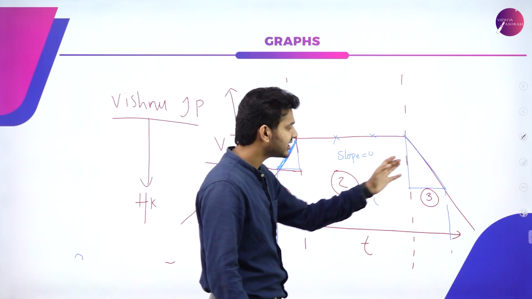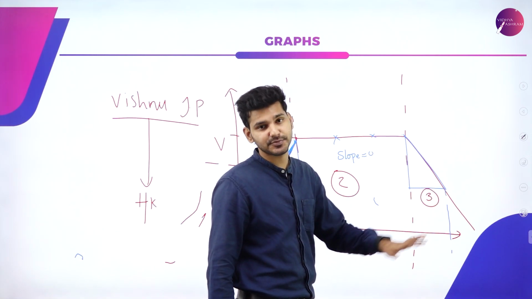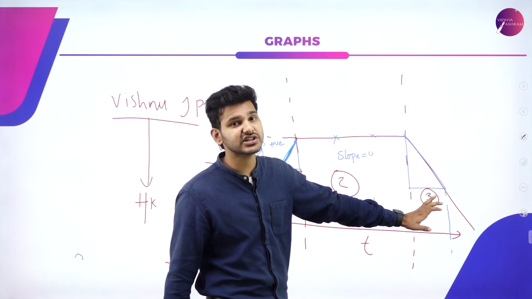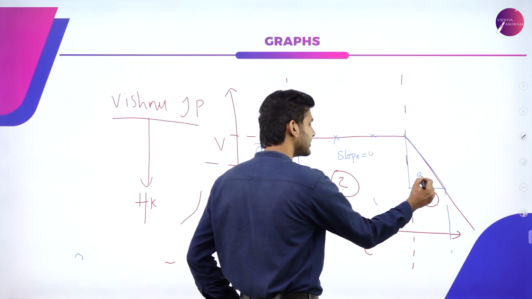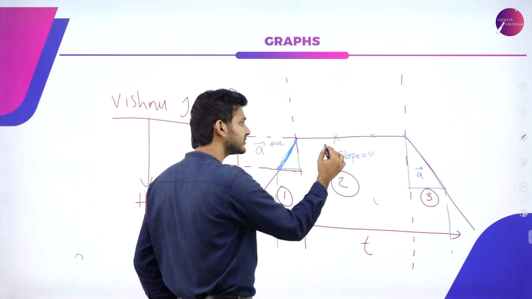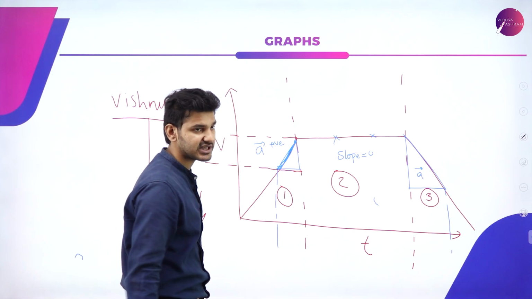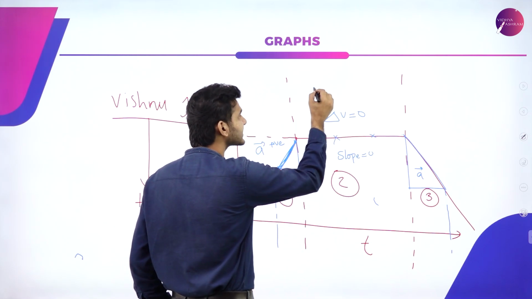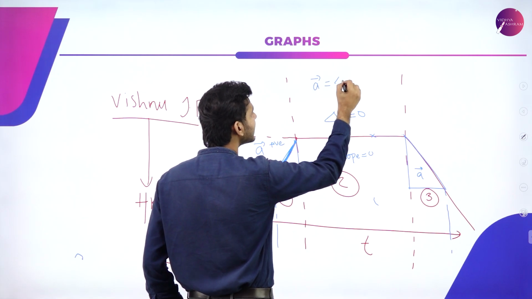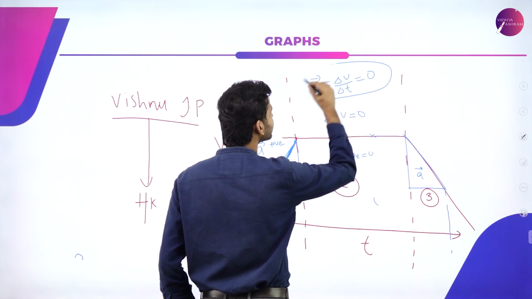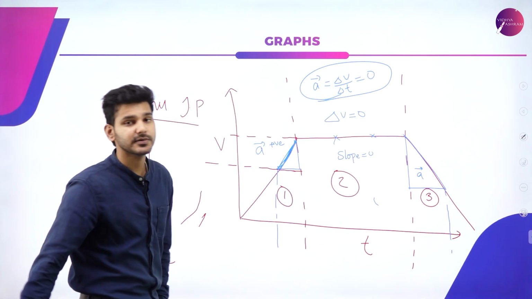And now here he is decreasing his speed, which means velocity is decreasing. There will also be an acceleration here, but in this particular region where there is no change in velocity, that is, del v is equal to 0, and acceleration is del v by del t, which means acceleration will be 0 for this region.